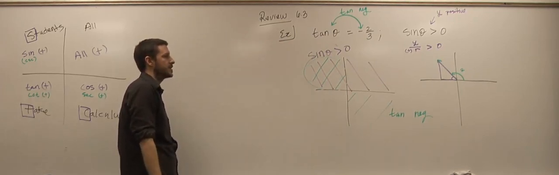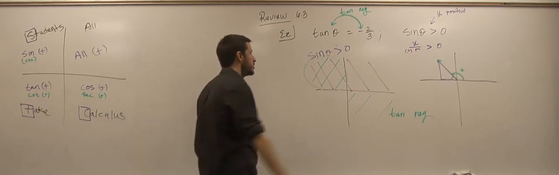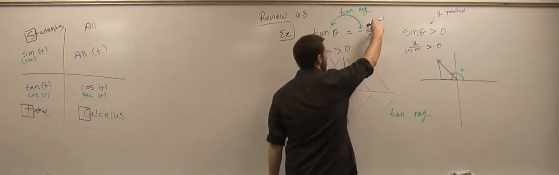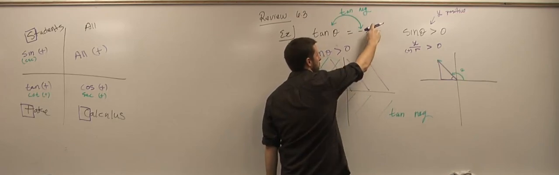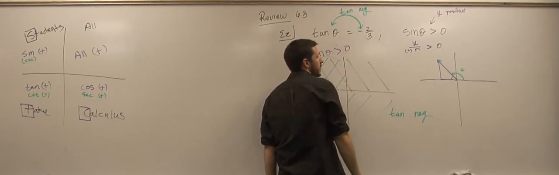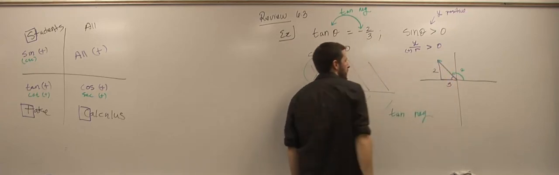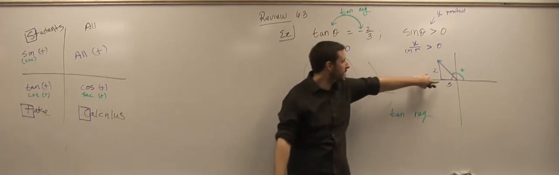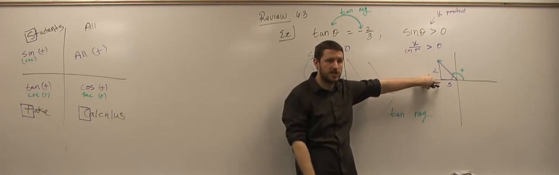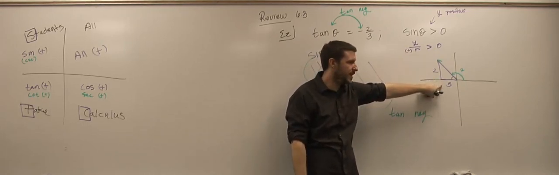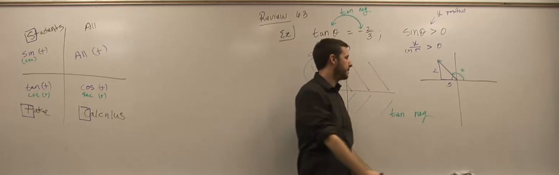I label my side lengths. Tangent is either y over x or opposite over adjacent. Opposite is 2, adjacent is 3. And from the picture or from our logic before, x has to be the negative value, right, because y is going up.